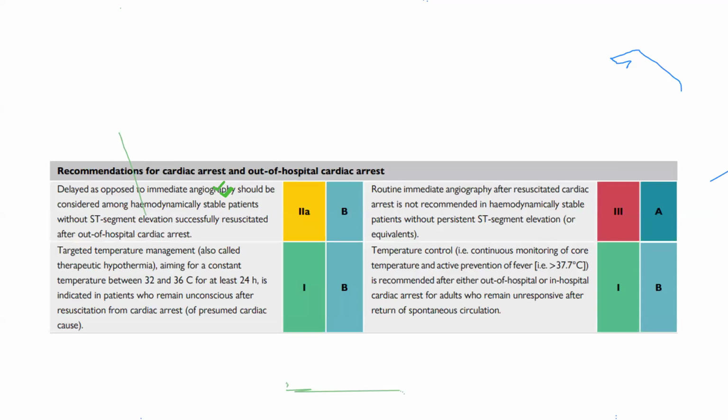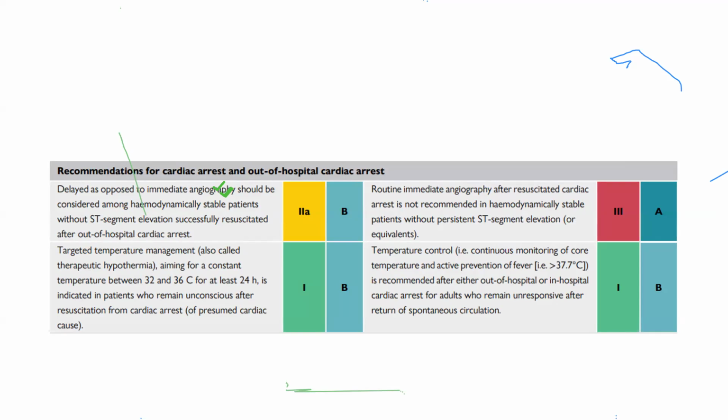Recommendations for cardiac arrest and out-of-hospital cardiac arrest. So delayed as opposed to immediate angiography should be considered after hemodynamically stable patients without ST elevation are successfully resuscitated after out-of-hospital cardiac arrest. That was a 3B.